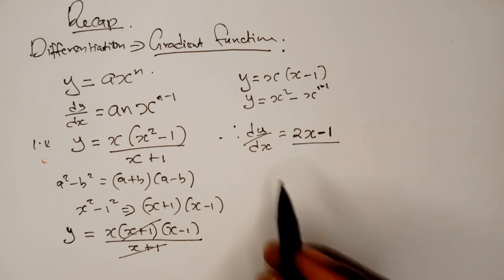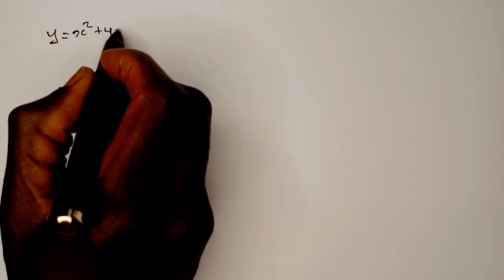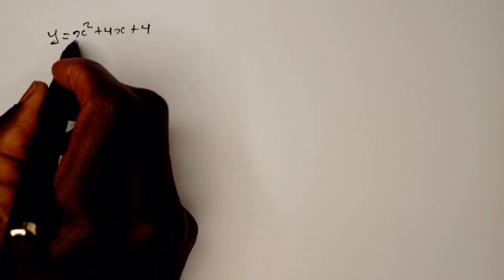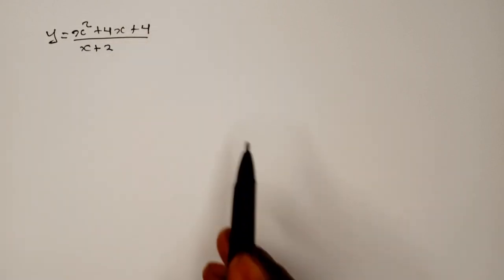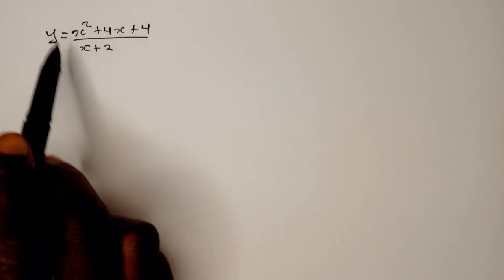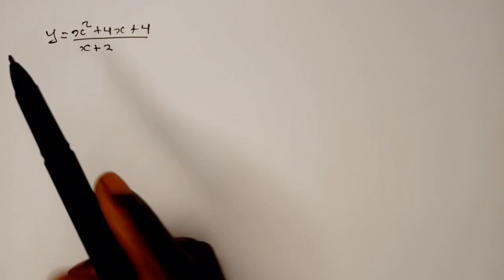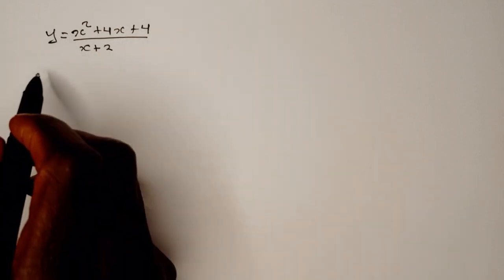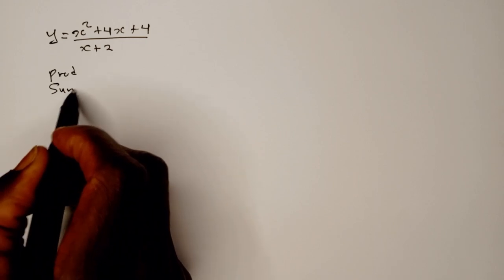Another example, we have y equals x squared plus 4x plus 4 all over x plus 2. What we do, we simplify this one first before we differentiate. Look at the numerator, it is a quadratic, so we can find the product and sum.